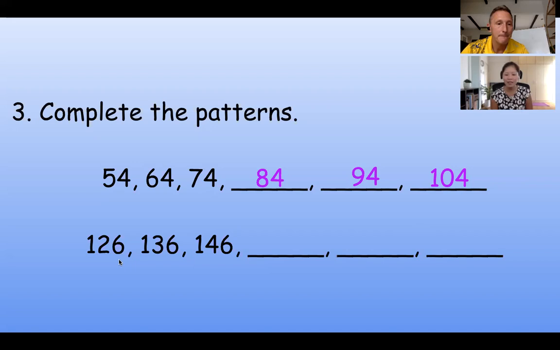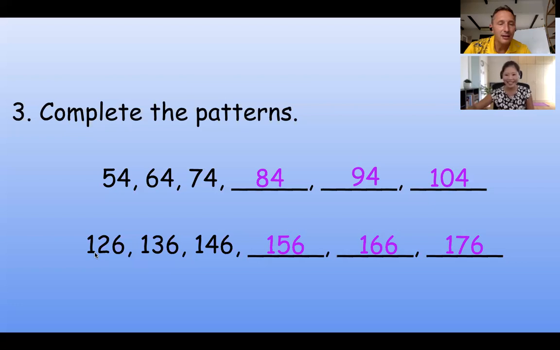It looks like it's 3-digit, but still going in 10. So 126, 136, 146, and 156, 166, and 176. I know it's a big number, 3-digit number, but I realized that the only thing I had to worry about was the tens place. Did you notice that, Mr. Regan?